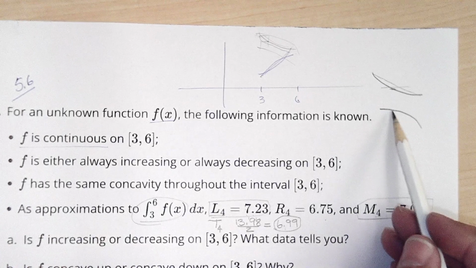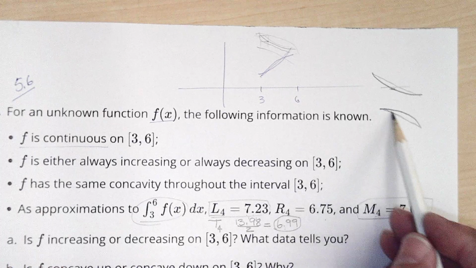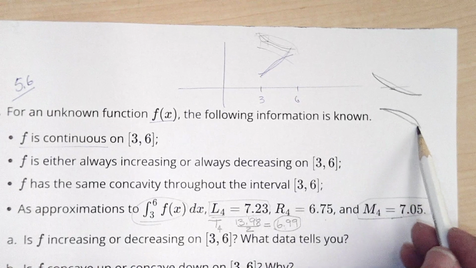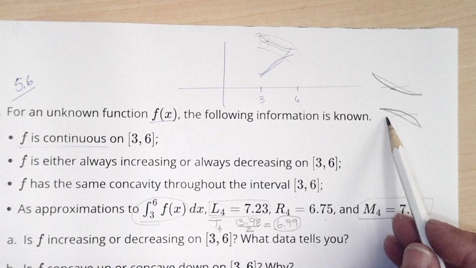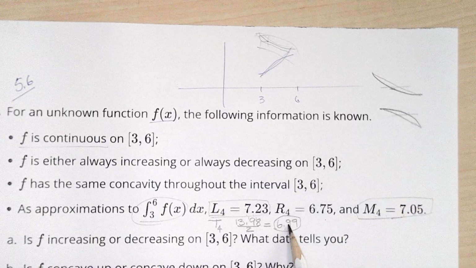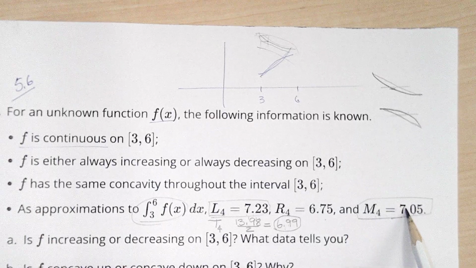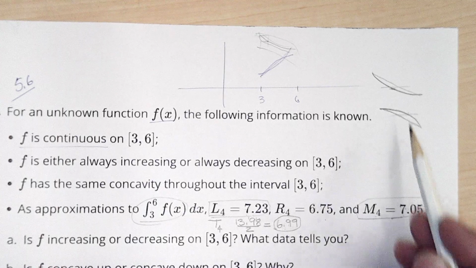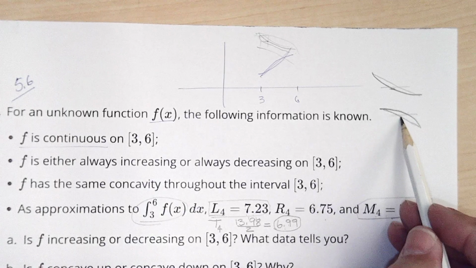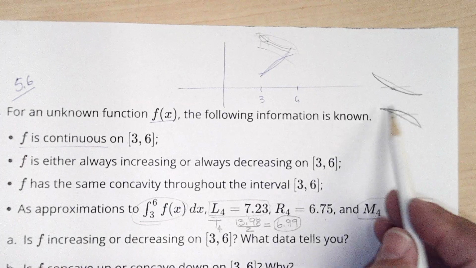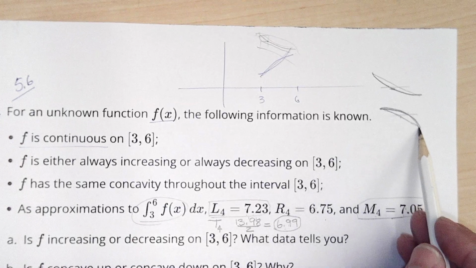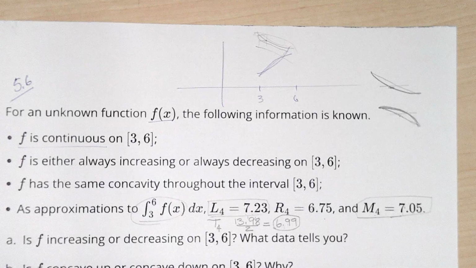Or the trapezoid would be under on this way, and the midpoint would then be an over. So since the trapezoid is less than the midpoint, the trapezoid must be an underestimate, and so therefore it must be concave down.